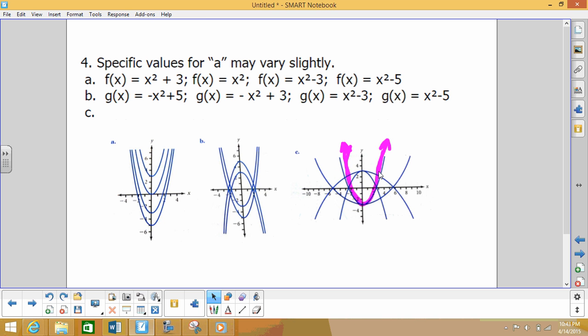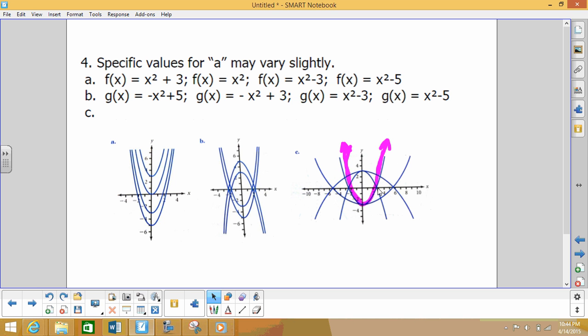The way that you can check and see if these have been widened out or not is by checking out the table values. If you say to yourself, that really looks like it's just moved down 3, then you could try out the equation x squared minus 3 and go to your table and see if the point 0, negative 3 is on there.